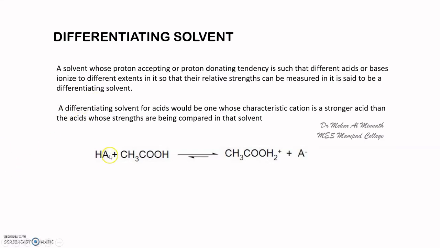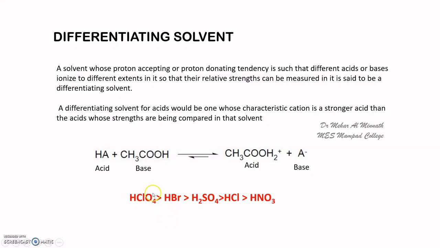Now here if you have HA and acetic acid, acetic acid takes up the proton and A minus is formed. So acetic acid acts as the base here. So it's differentiating here. Now, in this case, you have HClO4, HBr, H2SO4, HCl, and HNO3.